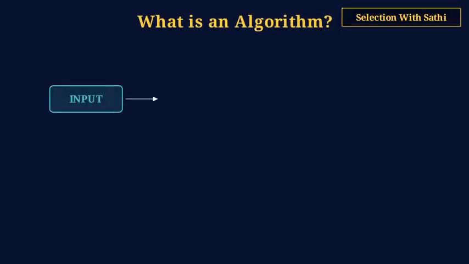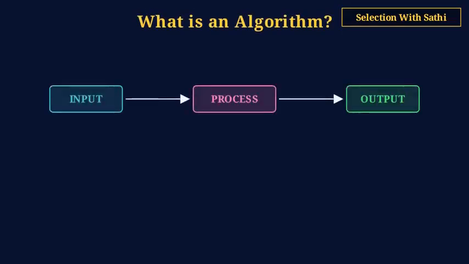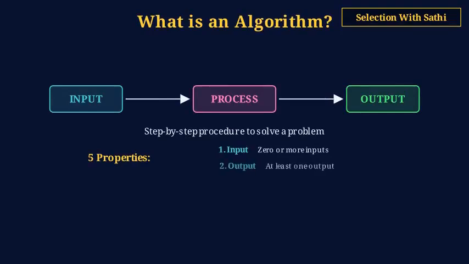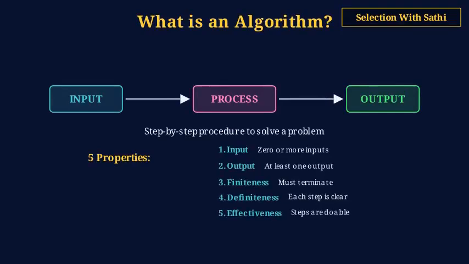Now let's talk about algorithms. An algorithm is a step-by-step set of unambiguous instructions to solve a given problem. The key word here is unambiguous. Every step must be clear and precise. A valid algorithm must have 5 properties. First, it takes some input.